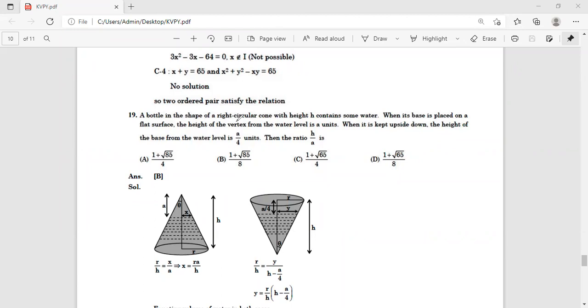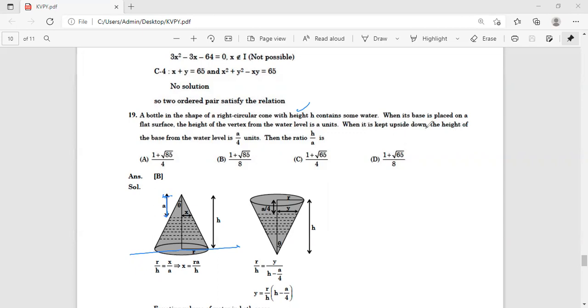So a bottle in the shape of a right circular cone with height h. You must have tried this question. It contains some water. When its base is placed on the flat surface, the height of the vertex from the water level is a unit.